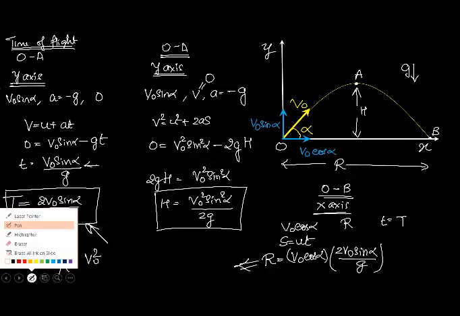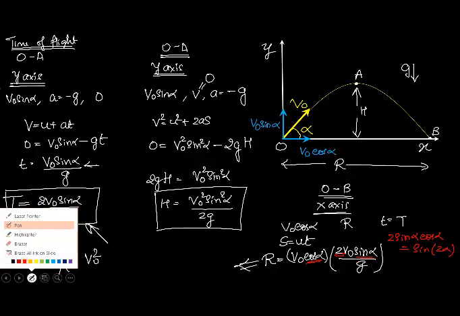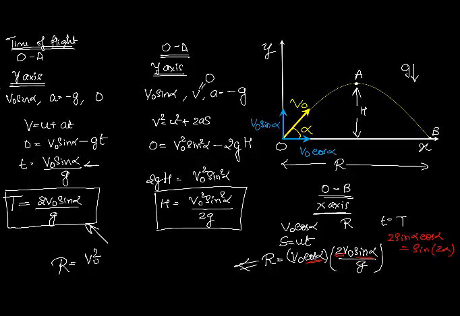Here is a 2, here is a sine alpha, here is a cos alpha. A 2 sine alpha cos alpha can always be written as sine 2 alpha. That's a trigonometric identity. So I'm going to substitute that back. So that becomes v0 square sine 2 alpha divided by g. That becomes the expression for range. There we have it, 3 equations for the projectile motion.